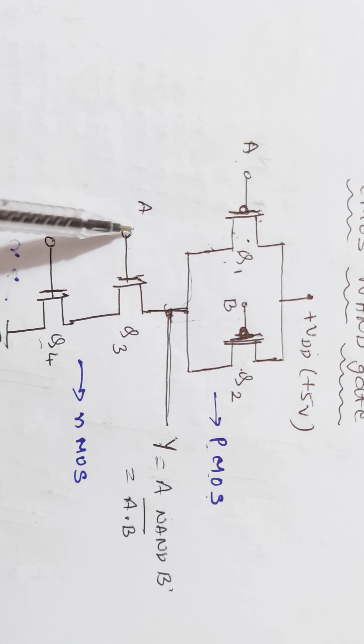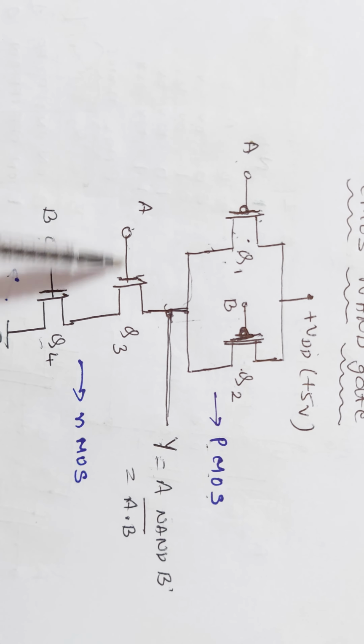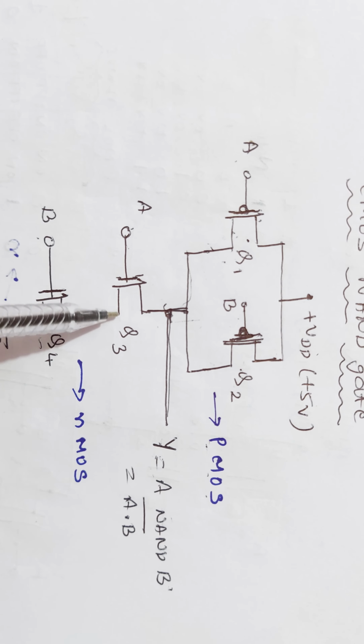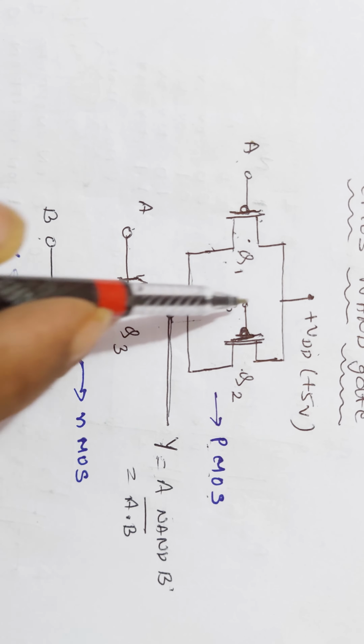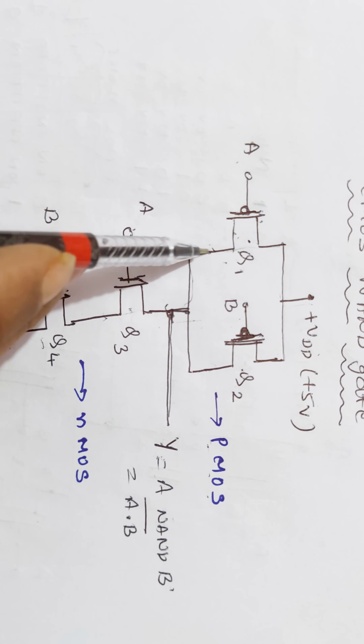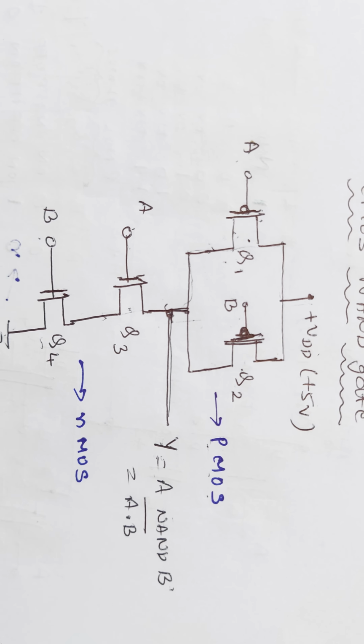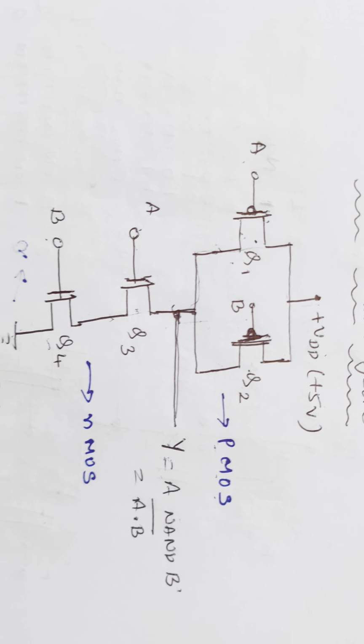So when A equals 0, B equals 1, this acts as an open switch, and this acts as closed. Even though the circuit is closed here, it is disconnected here. No current can flow to the ground. Therefore, the current from VDD flows through this closed path to Y, and the output is 1.